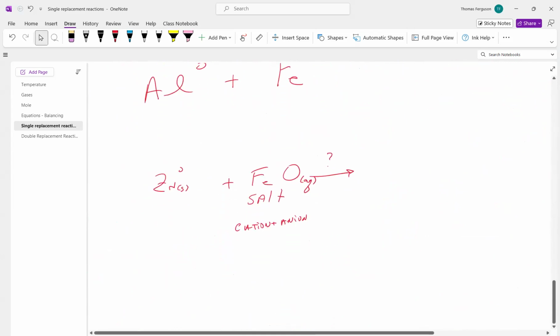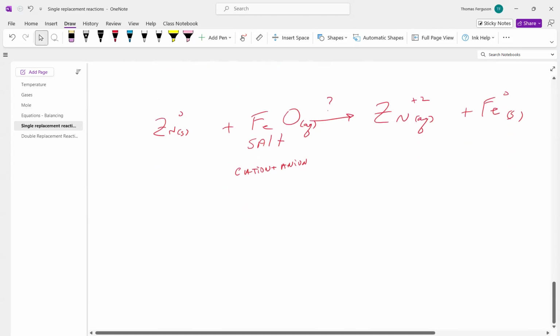The reaction happens, the metal becomes an ion, and the cation becomes a metal. Now let's do the half reactions for each one of these to make sure we have our electrons balanced. So zinc.